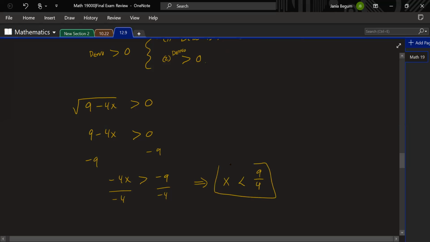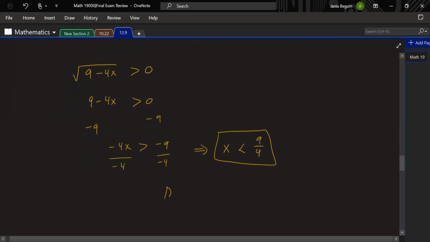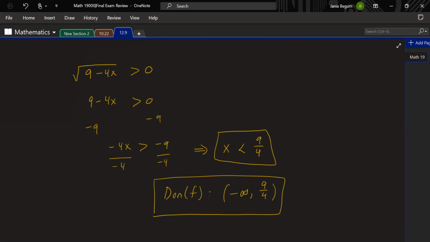So that's our domain in inequality notation, but we want to write it in interval notation. We want everything less than 9/4, so that would be negative infinity up to 9/4. So that would be our domain. Any questions? Does it make sense?